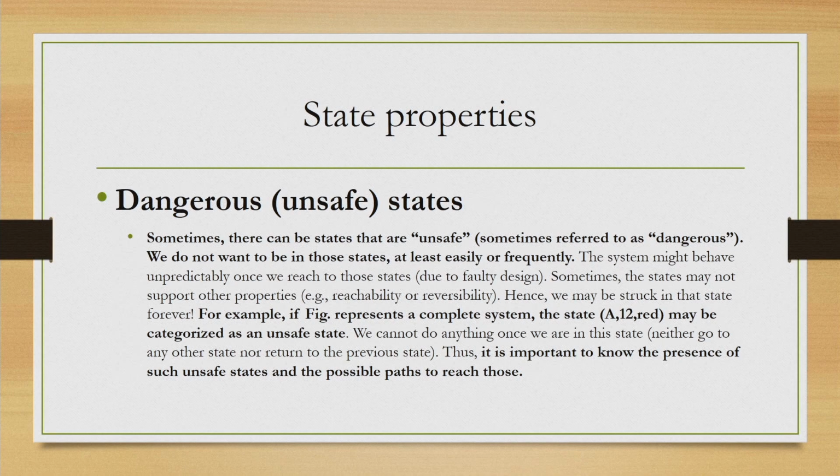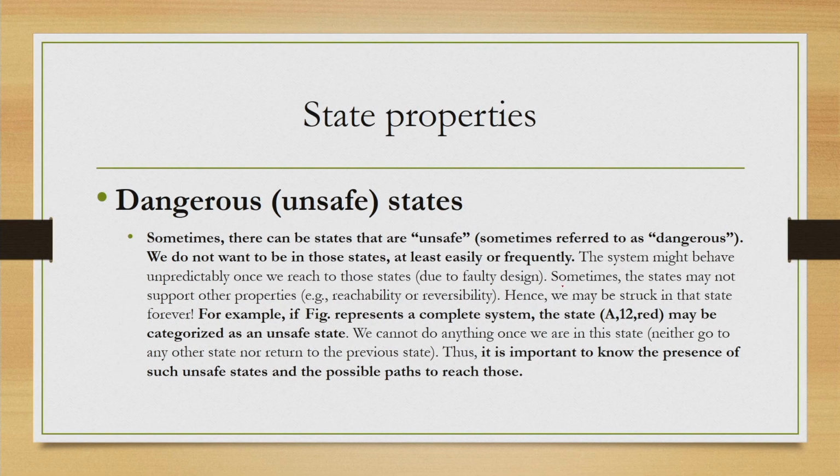The third state property that we want to check for is the presence of dangerous or unsafe states. Sometimes there can be states that we do not want to reach, or at least we do not want to reach easily or without effort, because those states may actually refer to a situation where it is difficult to get back to any other state, or the system behavior is not the one that we expect.